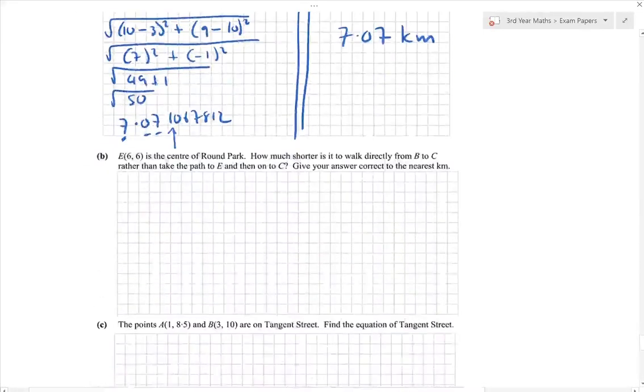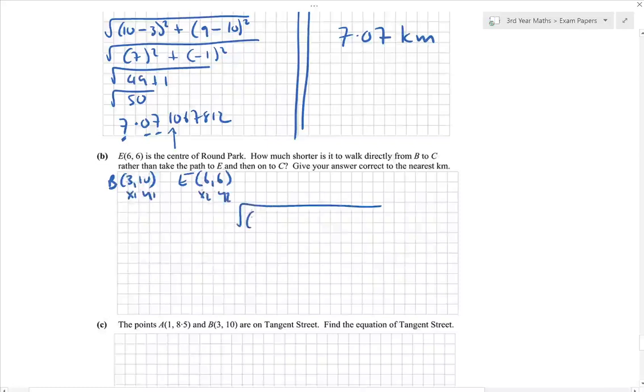Okay? So to find the distance from B to E, B is 3 and 10, E is 6 and 6. Call it x1, y1, x2, y2. Write your distance formula, x2 minus x1 squared plus y2 minus y1 squared.